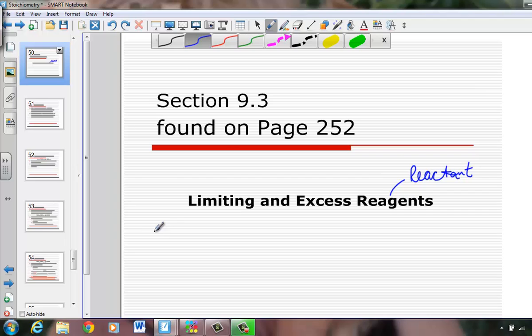Let's just take an everyday example. Suppose a recipe calls for 2 slices of bread plus 1 piece of ham, maybe even a slice of cheese to equal 1 sandwich.